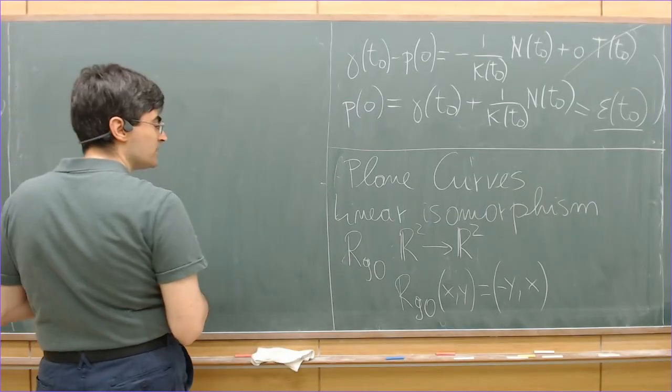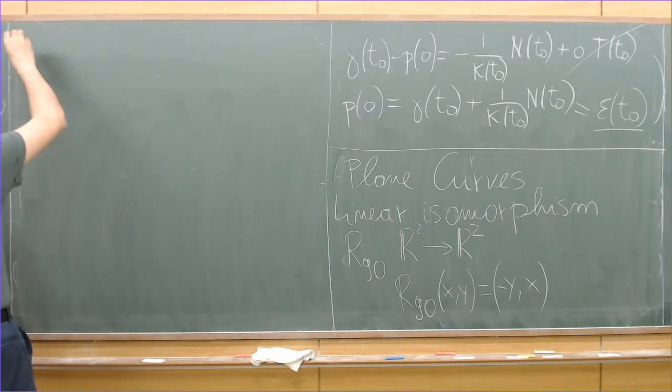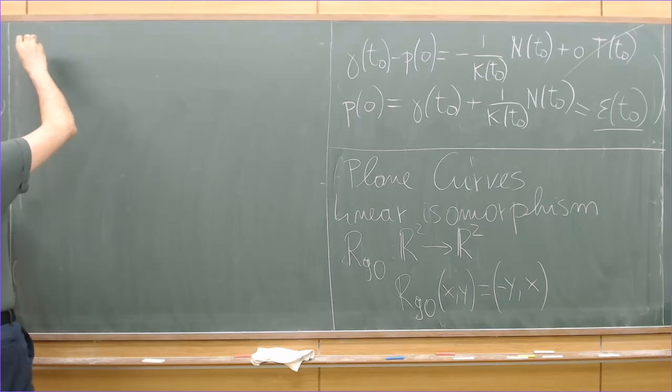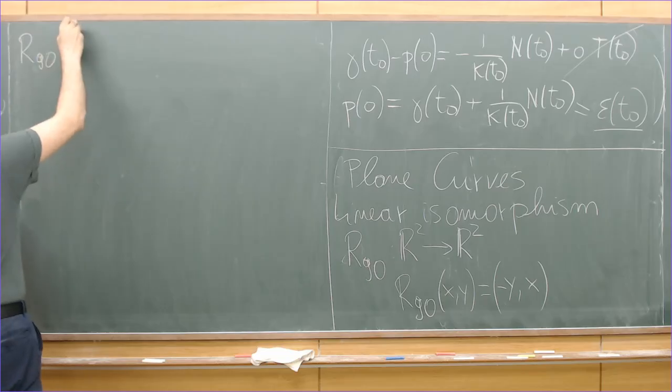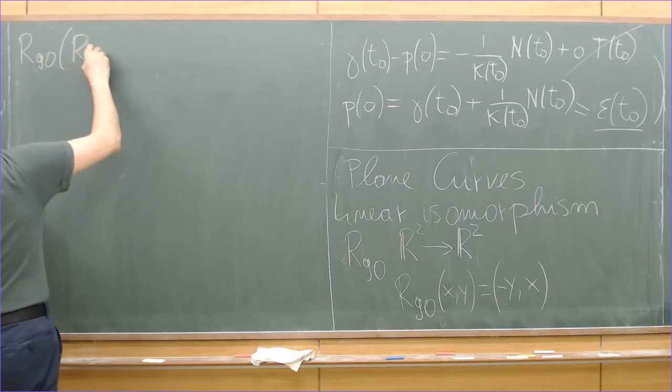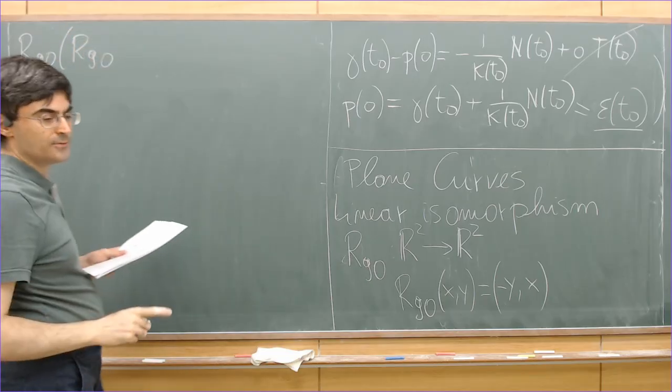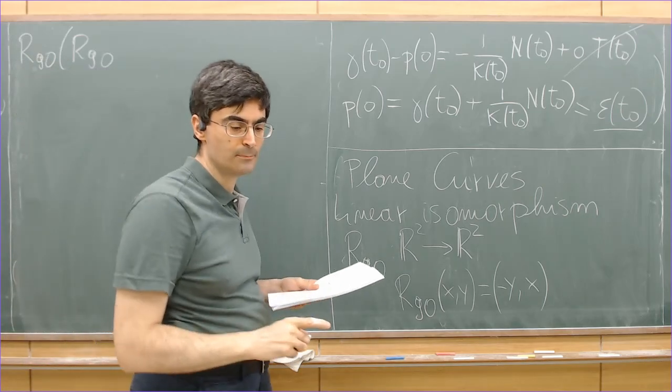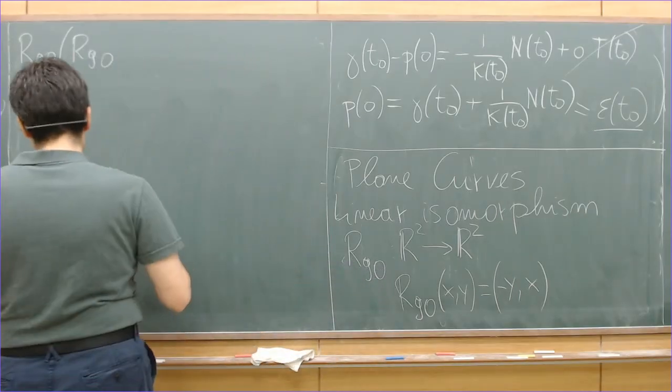Please observe that if I compose R90 with itself, I get minus the identity.